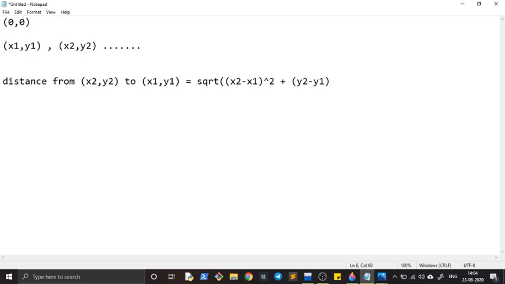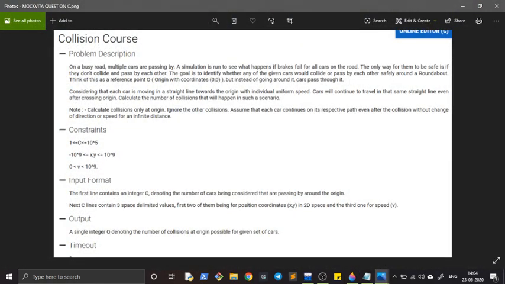It's pretty simple. But it gets even simpler because we are given the origin, not any other point. So this formula for origin will be reduced to only the square root of x2 whole square plus y2 whole square, because x1 comma y1 is 0 comma 0. As we know in the problem, we will be given the x coordinate with the y coordinate, so finding out the distance will be pretty easy.